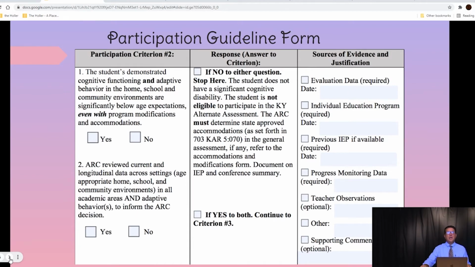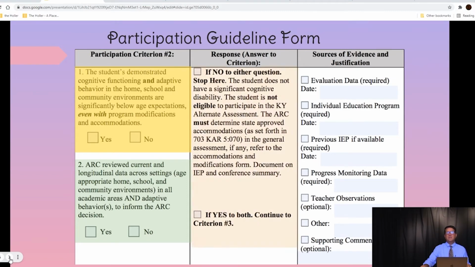So we're going to look at those and consider them, and provide the evidence that supports this. And it's when we look for the sources of evidence in the column.